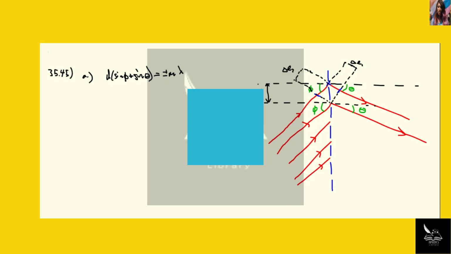If we look at this triangle, this is delta L1. I'm just trying to figure out this triangle we want to draw.